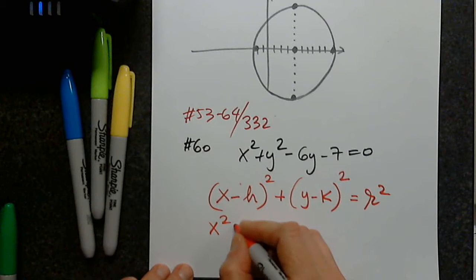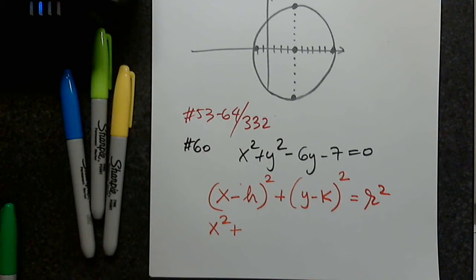Good. Now I'm here, plus. When I expand y minus k squared, no, I don't get 4 terms, but I get, good. I get a term for sure with y squared, and a term for sure with y, and some free term. Now, do I have the first 2 terms here?